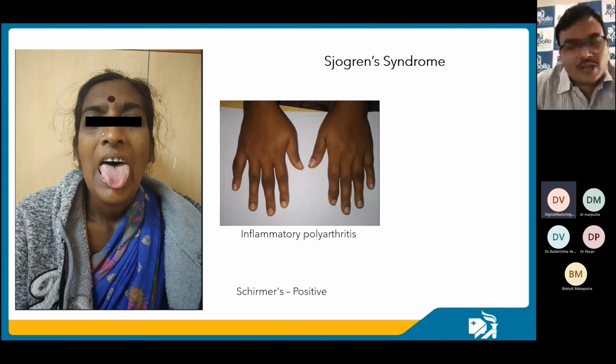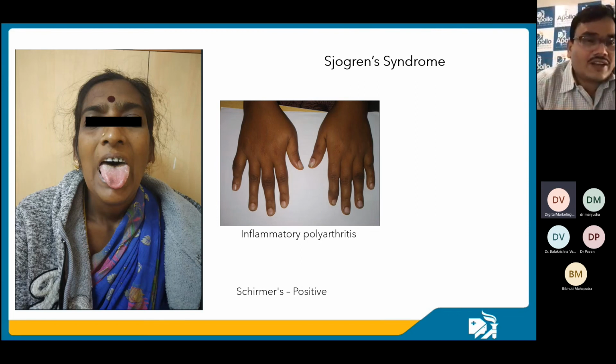In this case, a patient presented with inflammatory polyarthritis, and you can see there is an oral sicca, and this is the geographic tongue she had. And if you look clearly, she has dental caries in between the teeth. This is typical of the dental caries that happen in Sjogren's syndrome because of decreased saliva production and inability of the saliva to clear food in between the teeth.